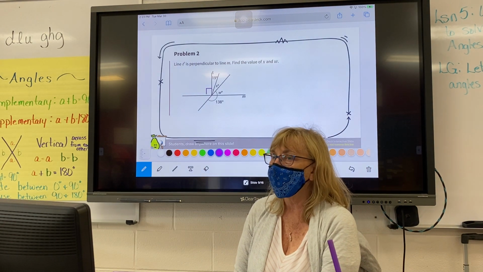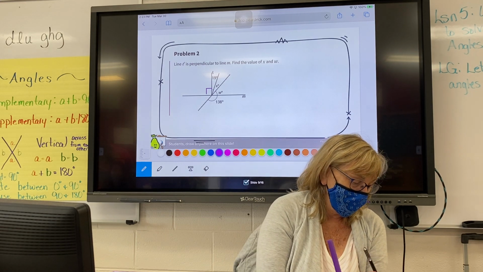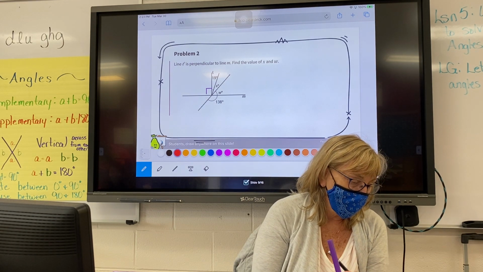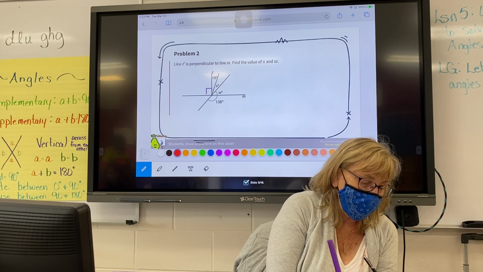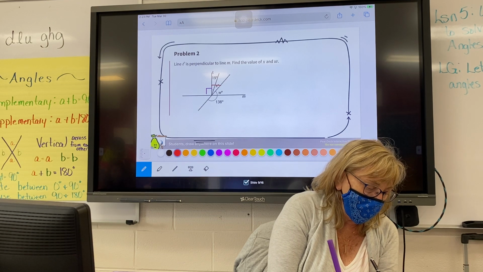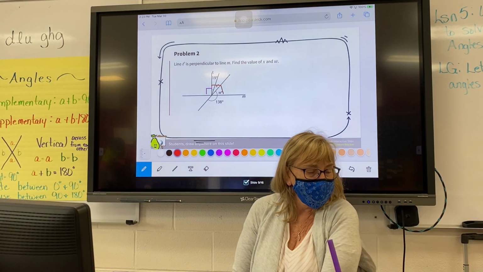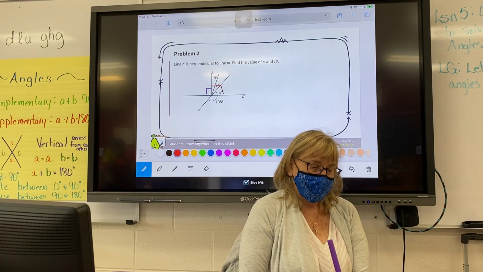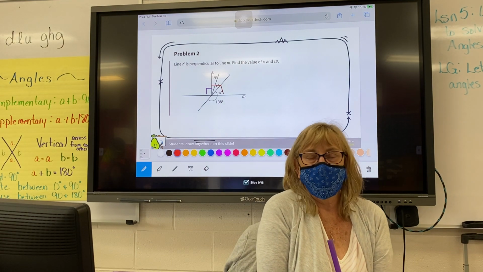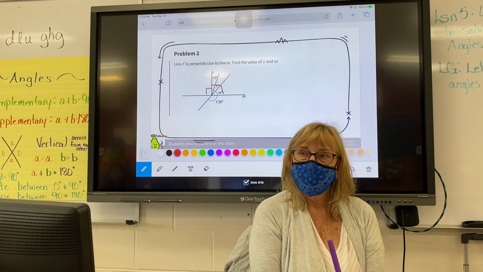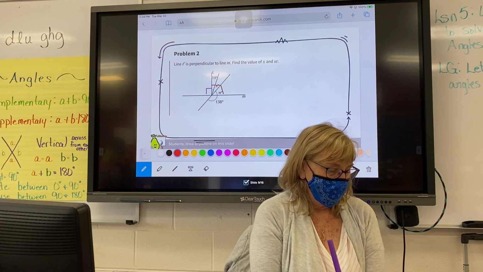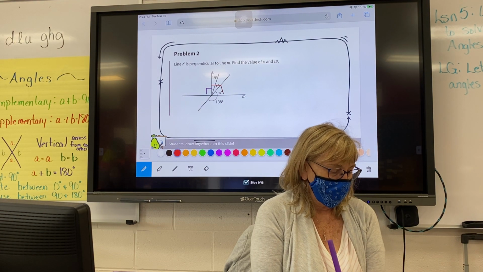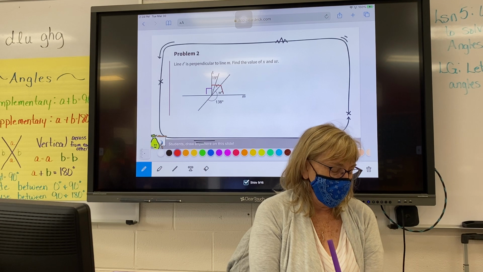What else is 90? So the 19, the X, and the W all equal 90? Okay. Can you solve for any of those right now? Okay, can you solve for W?